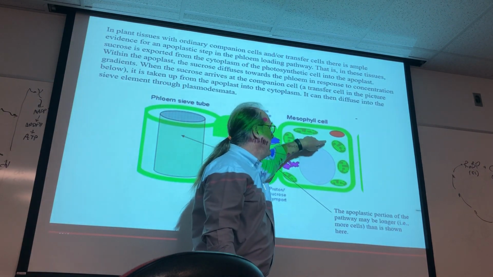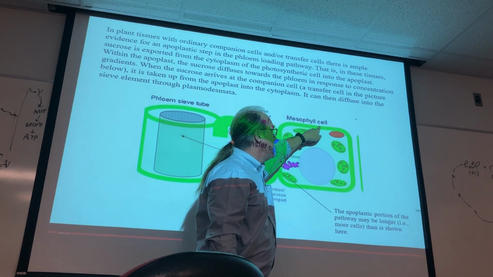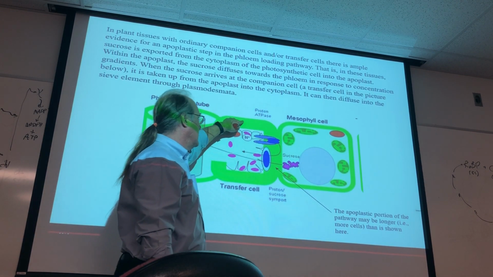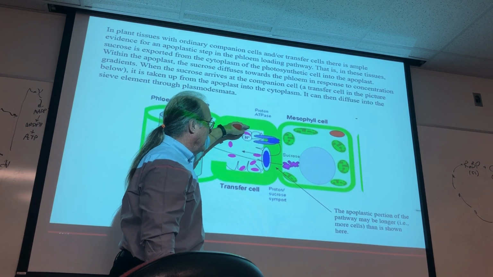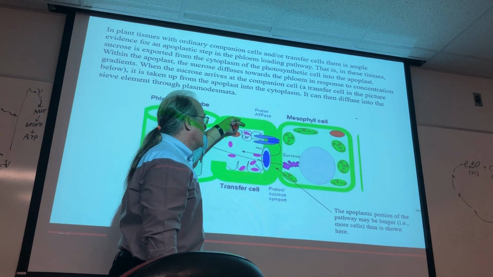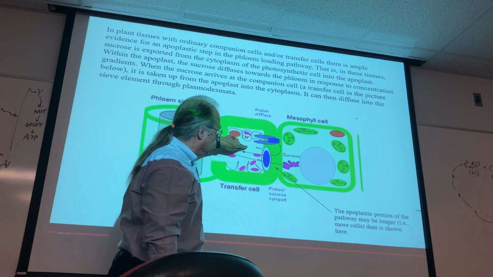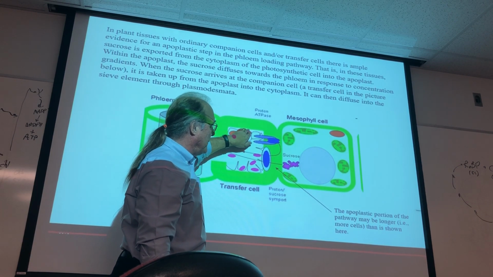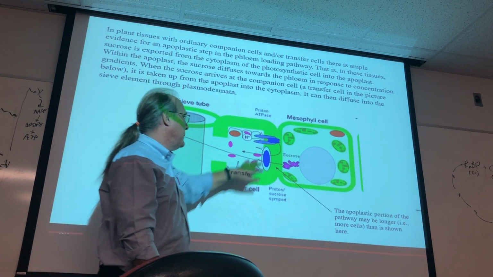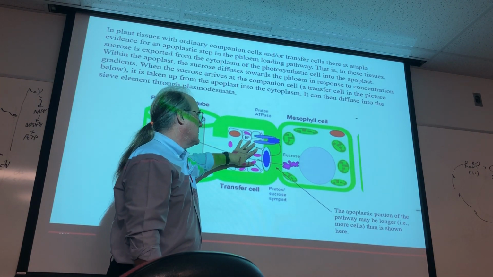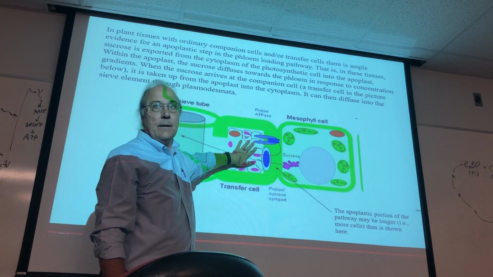So the sucrose gets actively exported from this cell, diffuses over to this transfer cell or the ordinary companion cell. This cell then takes that sucrose and transports it across the membrane actively, using energy in the form of ATP, and the sucrose ends up inside this cell.